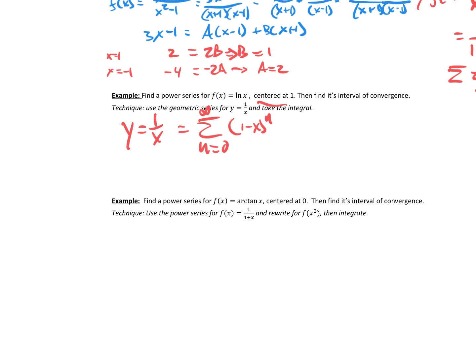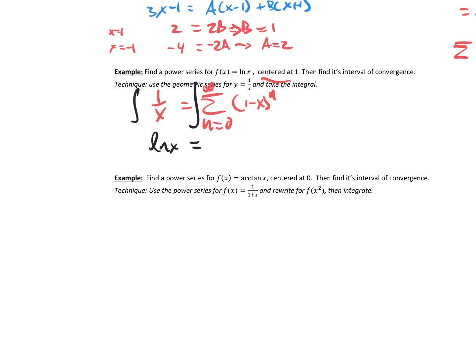And now if we integrate both sides here, we get the natural log of x equals, and if we integrate this, we're going to get the sum of, you're going to add 1, n plus 1, 1 minus x to the n plus 1 all over n plus 1. So there we have a series, 0 to infinity, that represents the natural log of x.